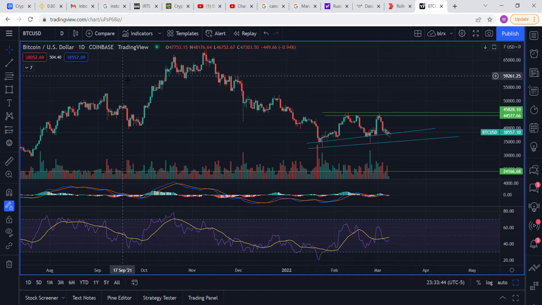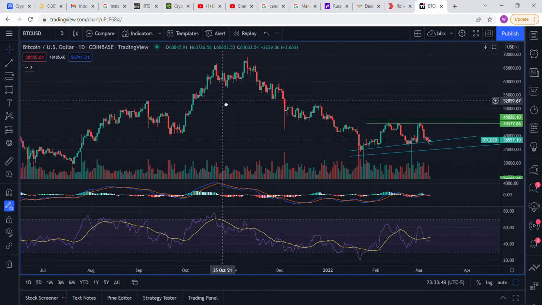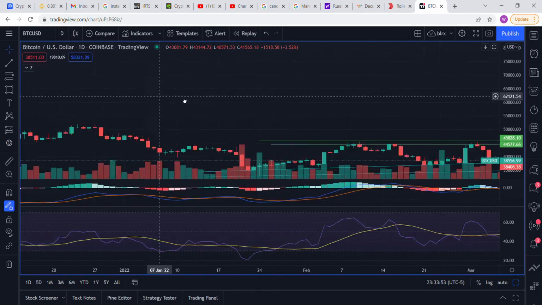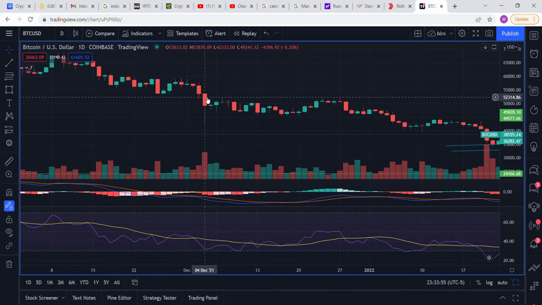But let's start off with this, all right? So let's just pick a candlestick. Let's pick a big one. This one right here, all right? December 4th, 2021. You see there's a little line here, and then there's like a bulky section, all right?